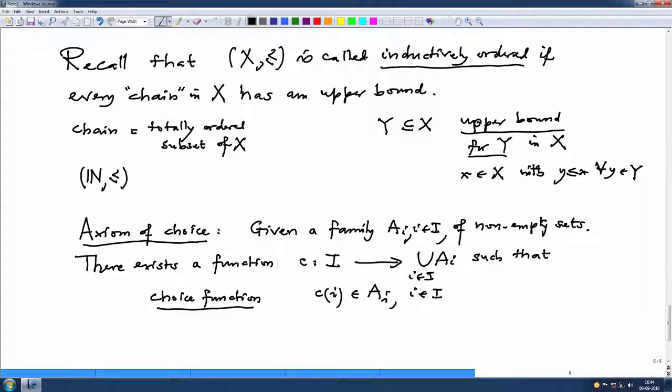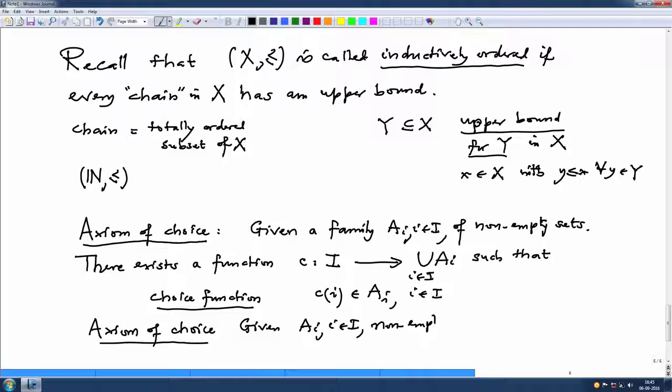So, we are making a choice, picking up elements from A_i, and then mapping i to the chosen element of A_i. The axiom of choice is precisely a statement which says that given a family of non-empty sets, there exists a choice function for this family.